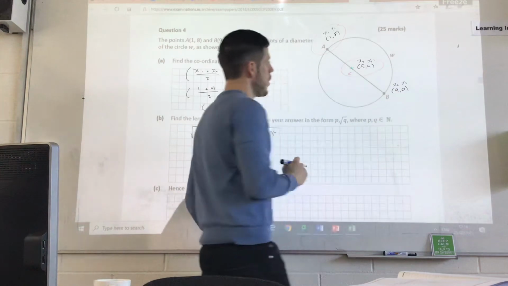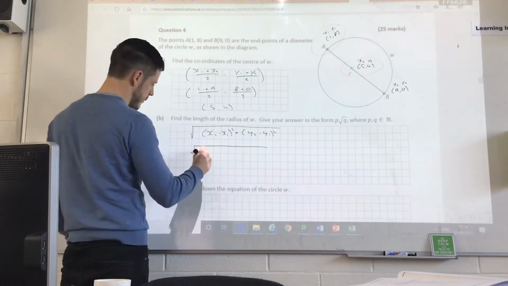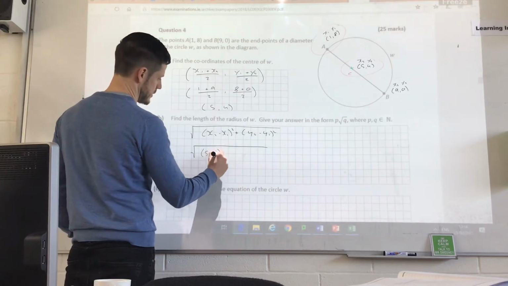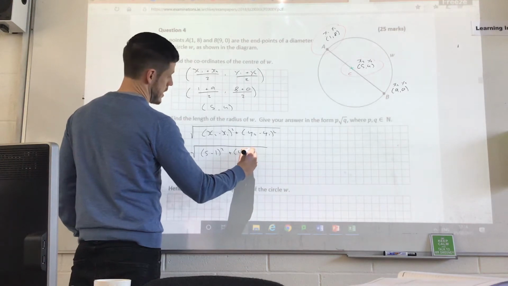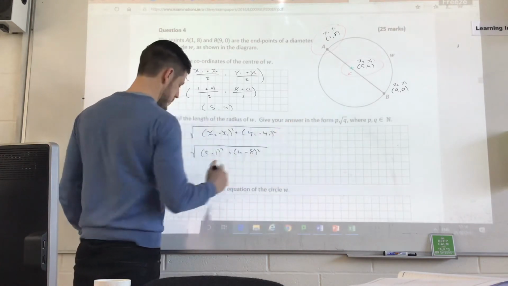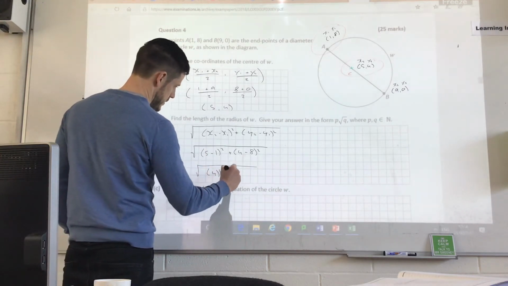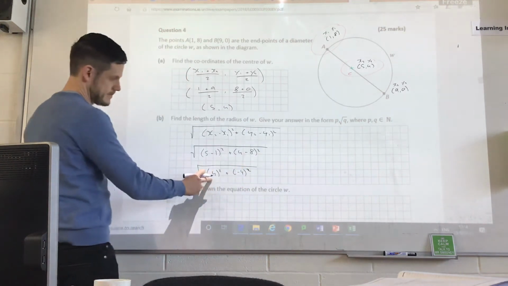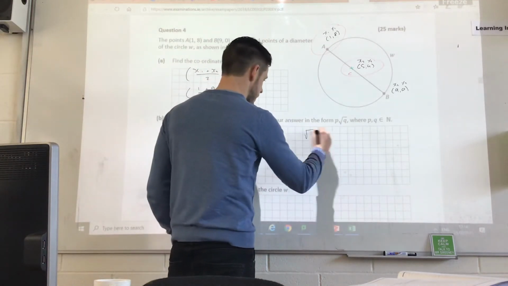So I'm just going to fill in the values, and straight away you can press equals on your calculator, but I'll do it the long way for you here. x2 is 5 minus x1, which is 1, all squared, plus y2 is 4 minus y1, which is 8, all squared. So 5 minus 1 is 4 squared, plus 4 minus 8 is minus 4 squared. 4 squared is 16, minus 4 squared is 16, because minus by minus gives me a plus. So I end up with the square root of 32.